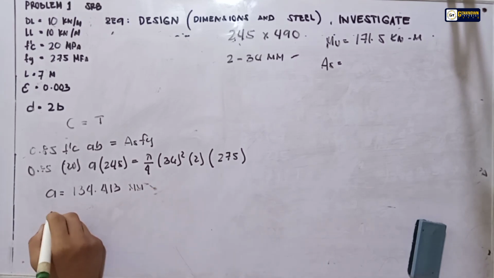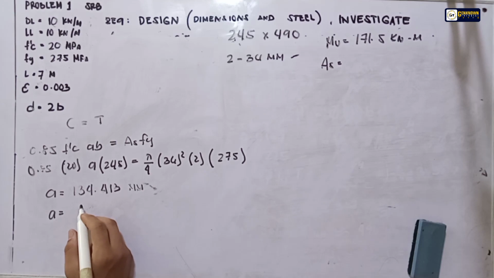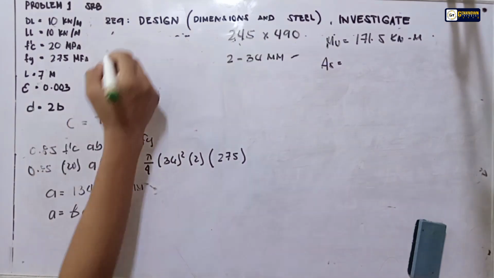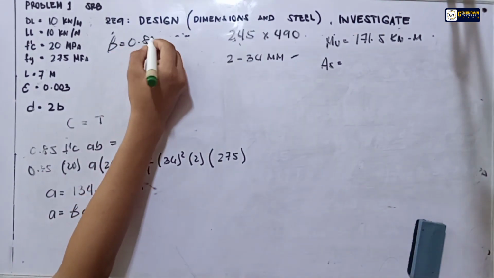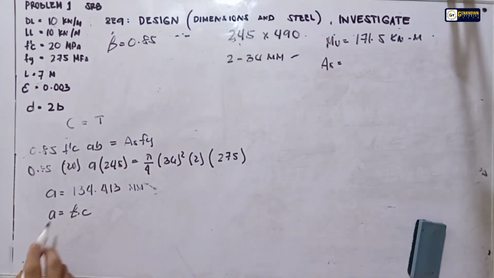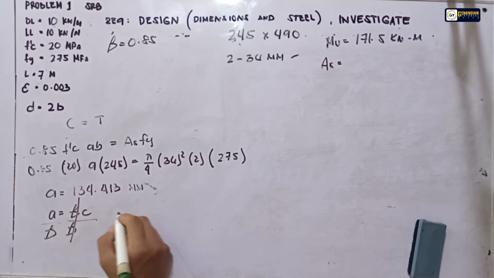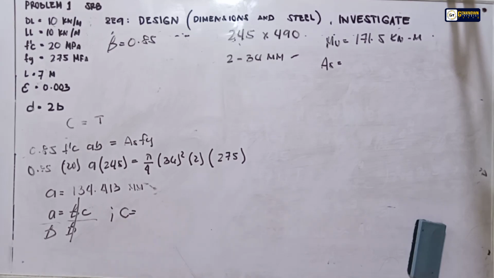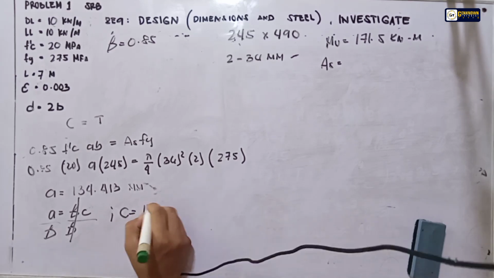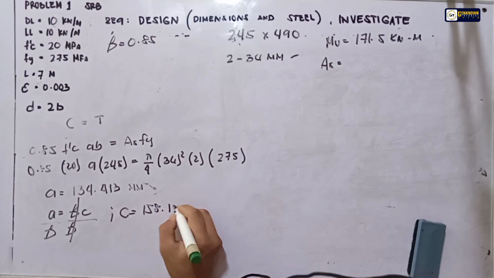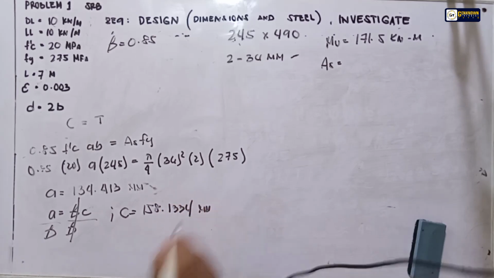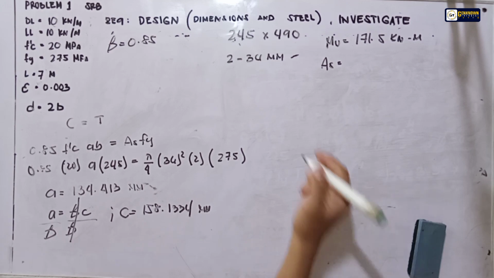So, remember, meron tayong formula na a is equal to beta c. Remember, ang beta natin is equal to 0.85. Solving for c, c natin dyan is yung neutral axis. So, division lang naman yan. C natin is equal to 158.1334 mm. Ngayon, we are going to check if nag-yield ba talaga yung bakal natin.